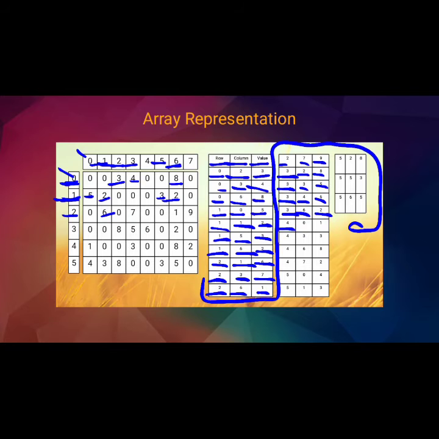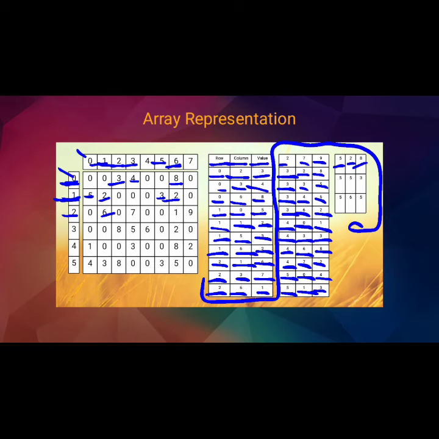Row 4, column 0, value is 1. Row 4, column 3, value is 3. Row 4, column 6, value is 8. Row 4, column 7, value is 2. In row 5, column 0, value is 4. In row 5, column 1, value is 3. Row 5, column 2, value is 8.